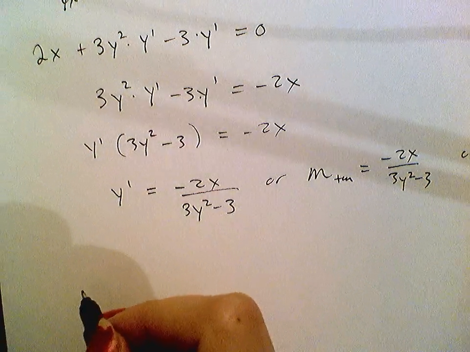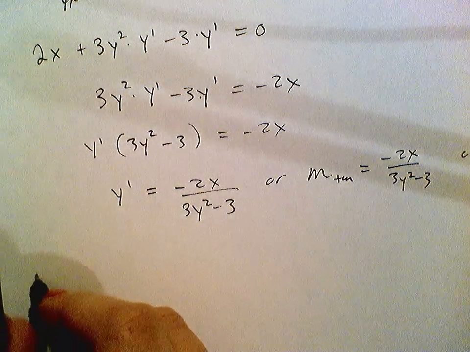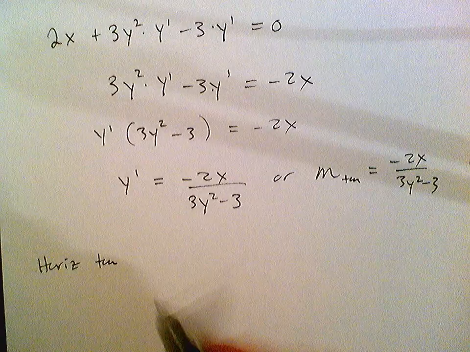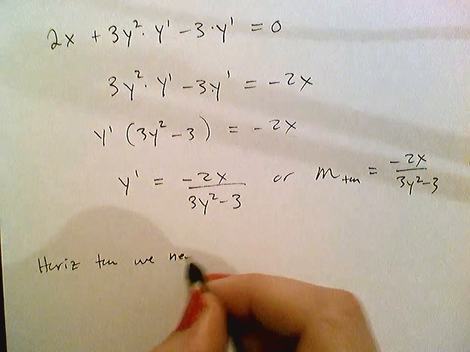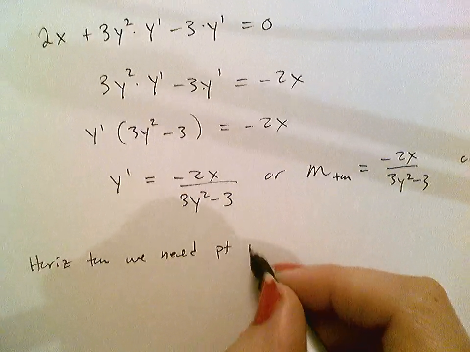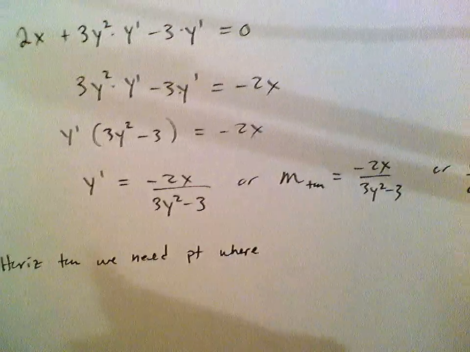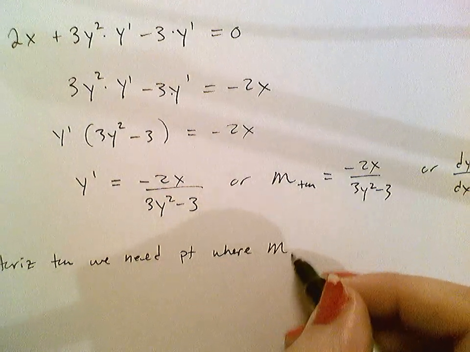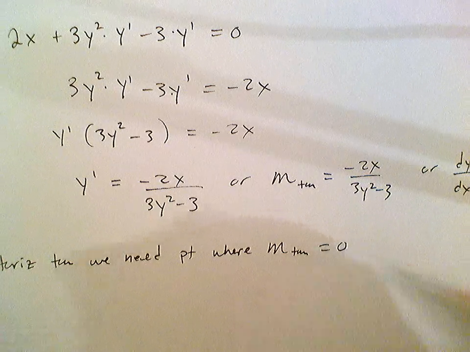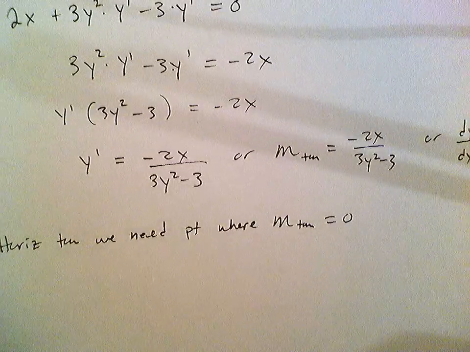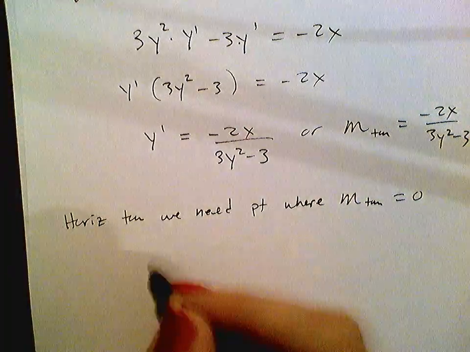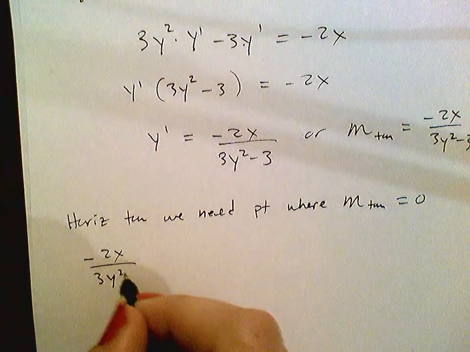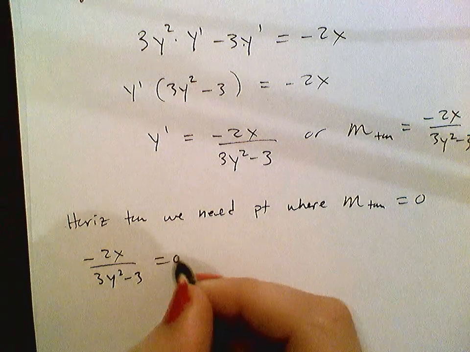So for the horizontal tangent, we need the point where the slope of the tangent line equals 0. All right, that's what we need. So we've got to take the slope of the tangent line, which is this, and set it equal to 0.